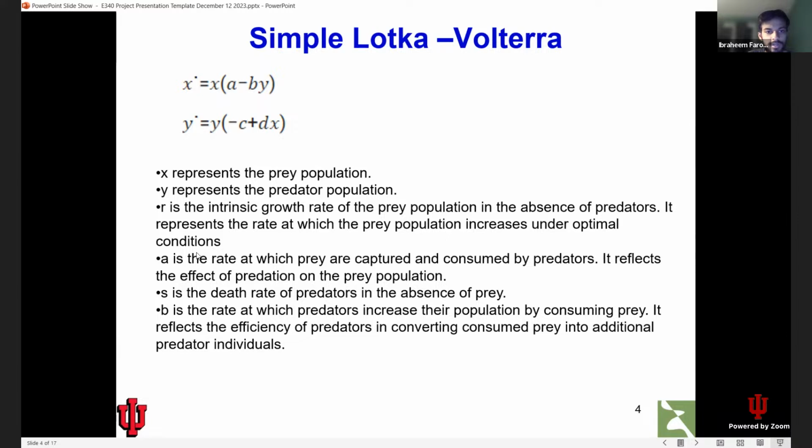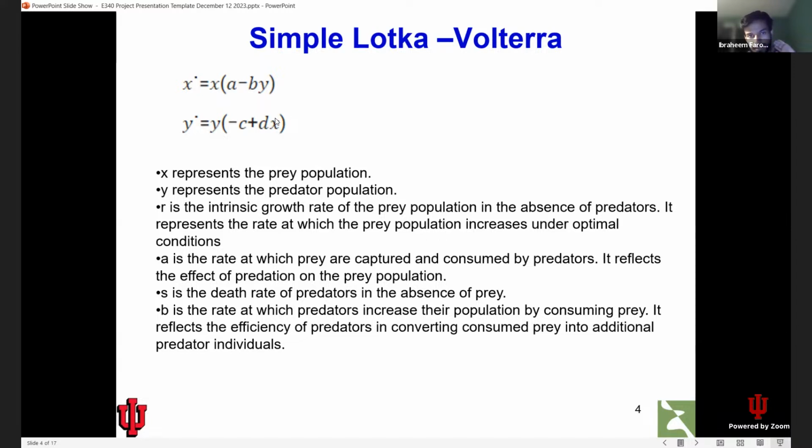So here, the predators' population is quite similar. In this case, C is the death rate of the predators in the absence of prey. This is just the intrinsic decay rate. And then D is the effectiveness of predation on prey. It's similar to B. However, here we can see that the decay is just dependent on the population of the predators, while the growth is dependent on the population of the prey and the predators.